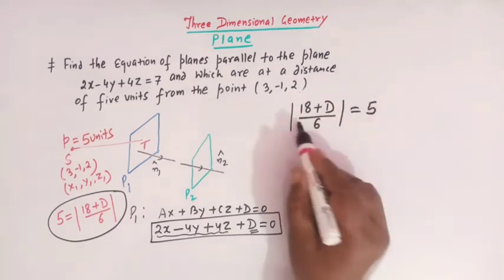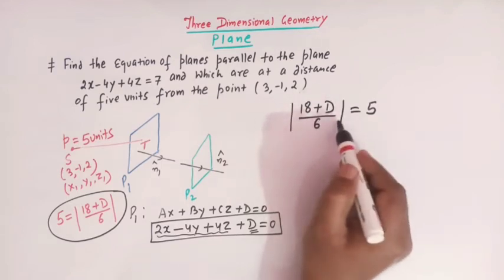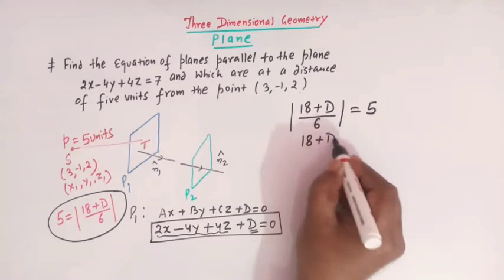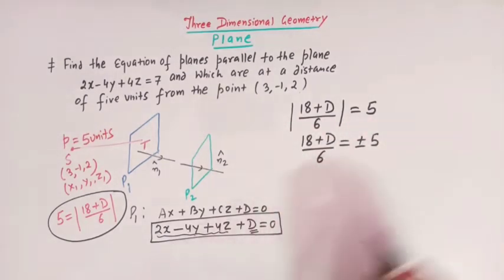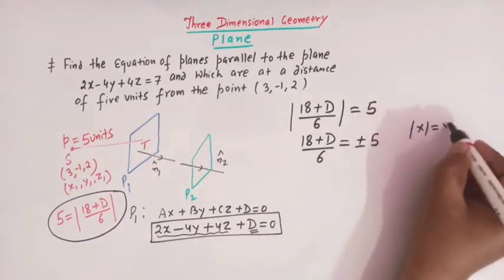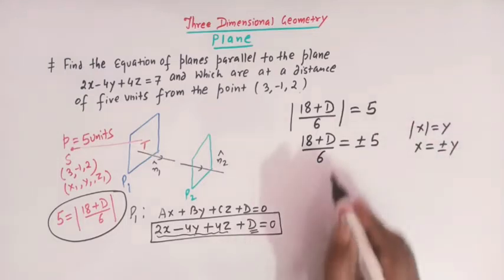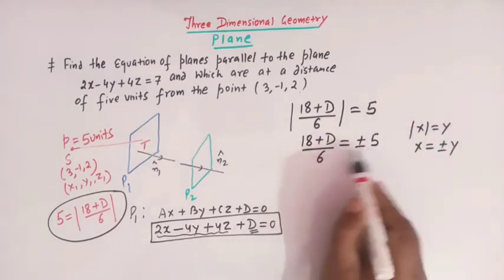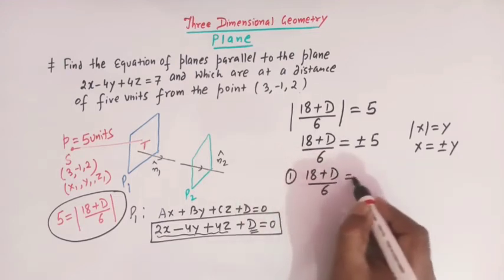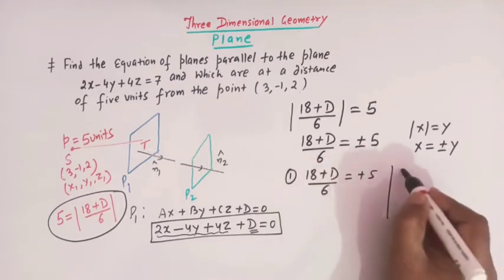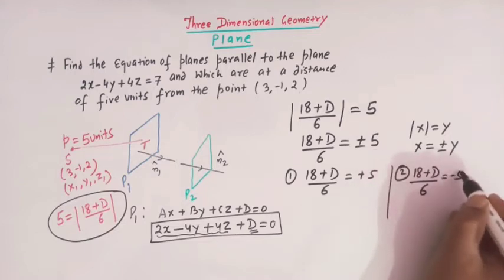And we know that if we remove this absolute value sign, the mod sign, then we have (18 + d) over 6 equal to plus minus 5, right? Because we know that if mod of x is equal to y, then x may be taken as plus minus y. So now here we have two equations: the first one is (18 + d) over 6 equal to plus 5, and the second one is (18 + d) over 6 equal to minus 5.